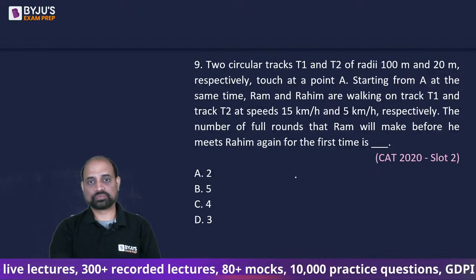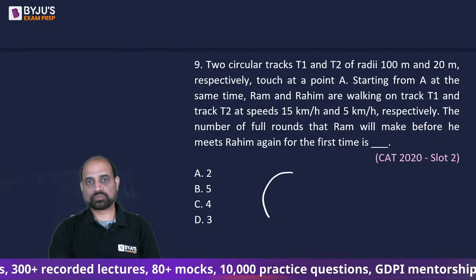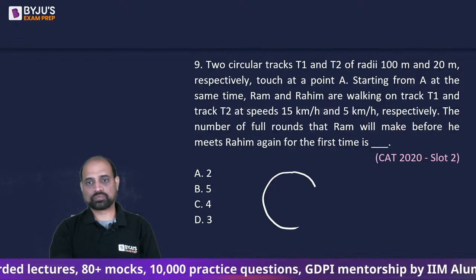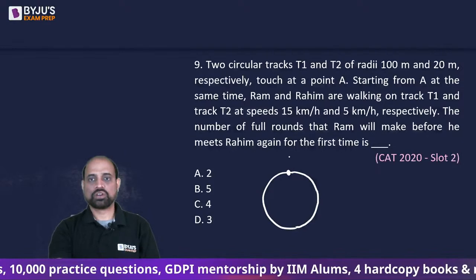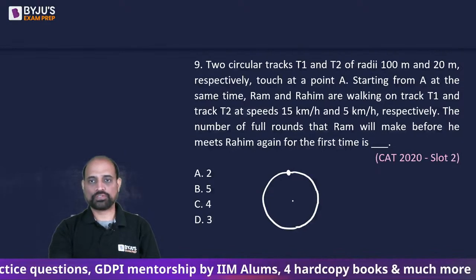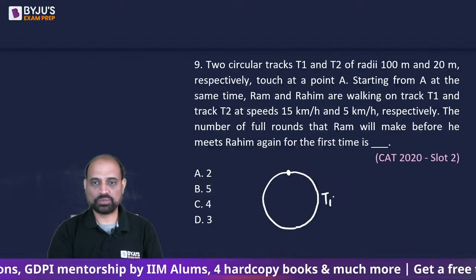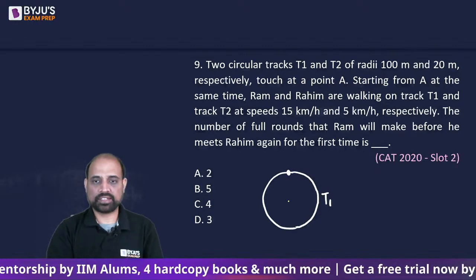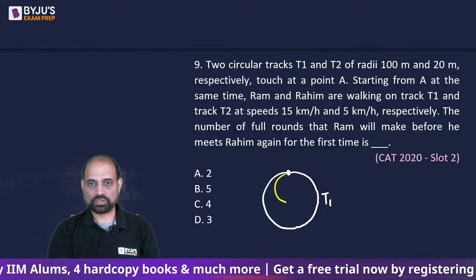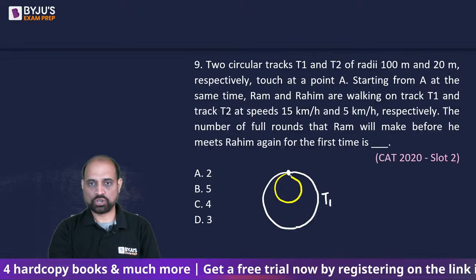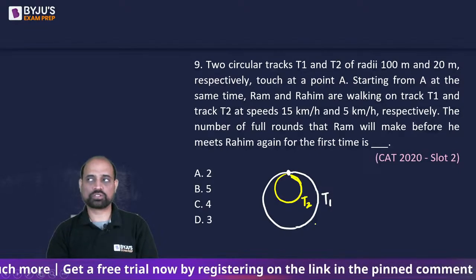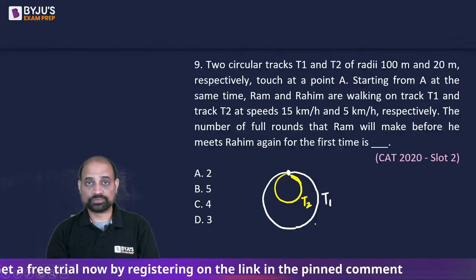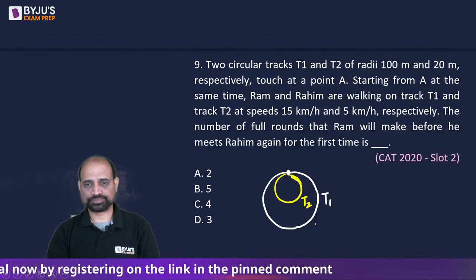So, this is a track, इसको मैं T1 ले लेता हूँ. And let's take another track, a smaller one, a shorter one, T2. ठीक है, T2 का हमें पता है.